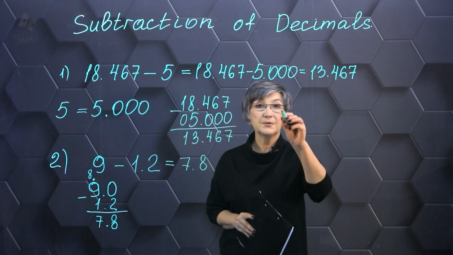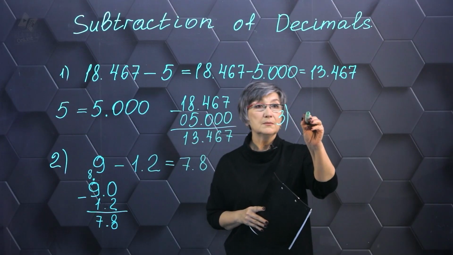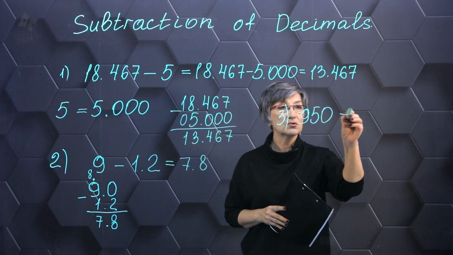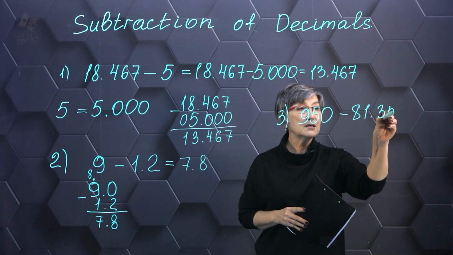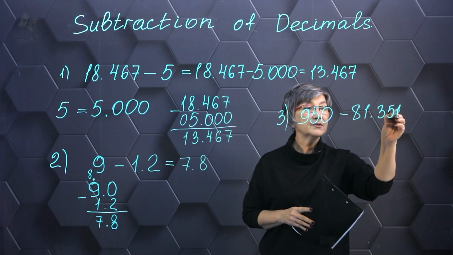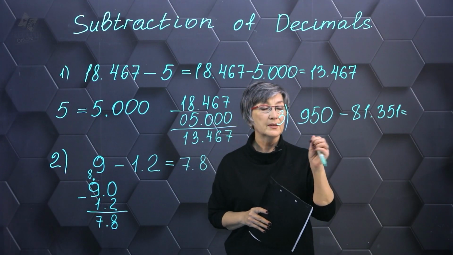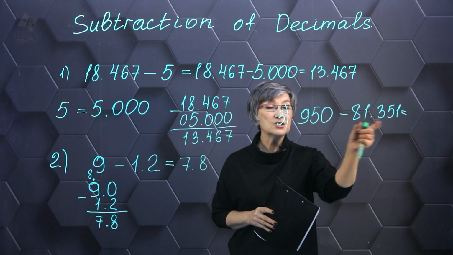Another example that we're going to look at looks like 950 minus 81.351. What is the outcome? Notice that we don't have the same number of decimal places.